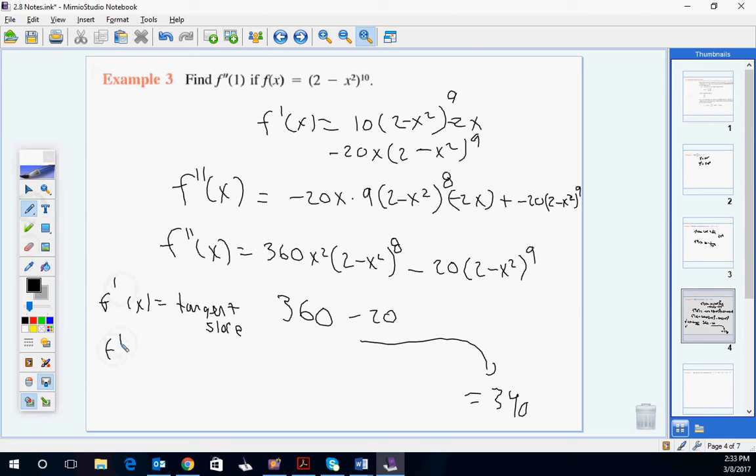Second derivative is the rate of change of the slope of the tangent. And then the next derivative is the rate of change of that, the rate of change of that. So it's continually just taking the rate of change of the previous one. So that makes sense.